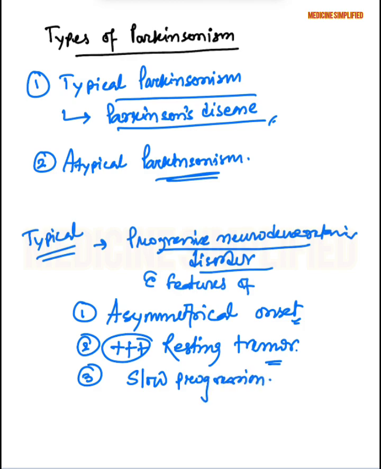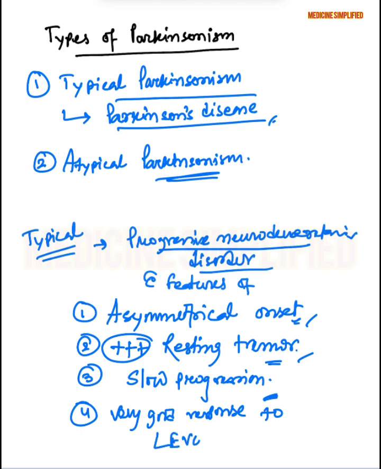So typical Parkinsonism means there will be asymmetrical onset, resting tremor will be present absolutely, and the disease progression will be very slow. And the 4th one is very good response to levodopa.